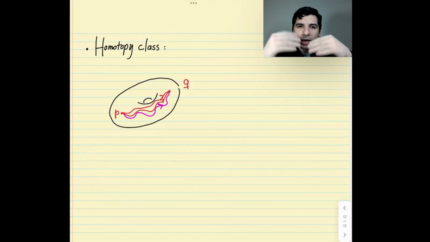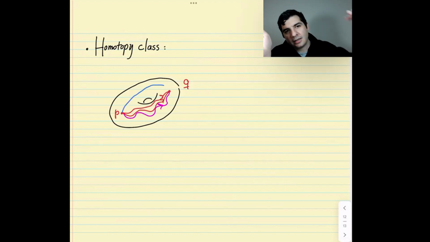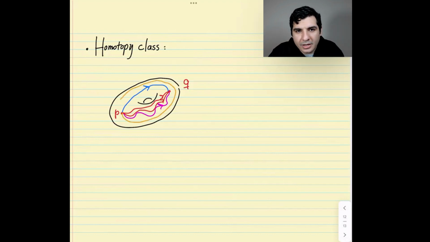But there is no way, by just pushing it around, we can get to that blue curve. There is no way to push this curve on the torus to go through that hole. Also, look at this other orange curve. It goes around the hole once and then goes to Q. Again, we cannot deform these curves to this orange one. We would say these are different homotopy classes.